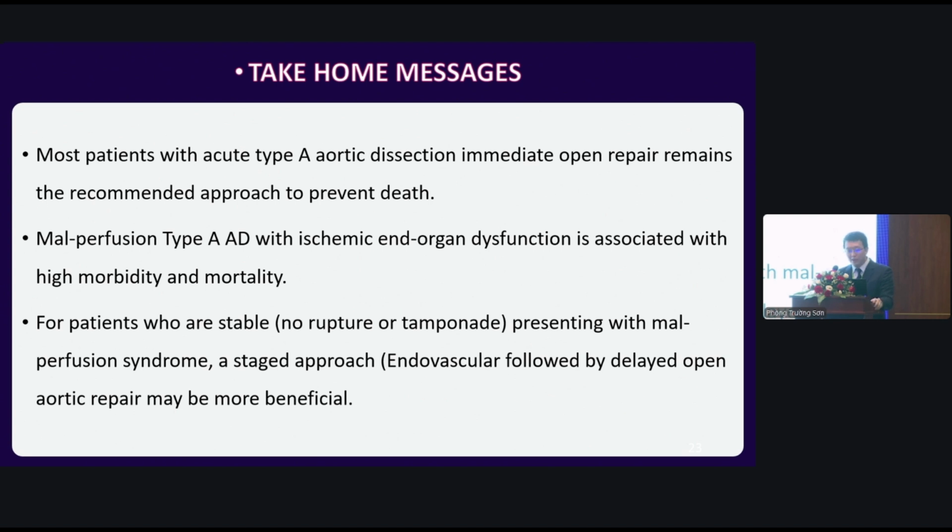So I think for a patient who is stable, with no rupture, no tamponade, and progressing malperfusion syndrome, you can stage the approach, like in my experience: endovascular first, open to get good blood pressure to the organs with dysfunction, and after that delay open aortic repair, maybe more beneficial.